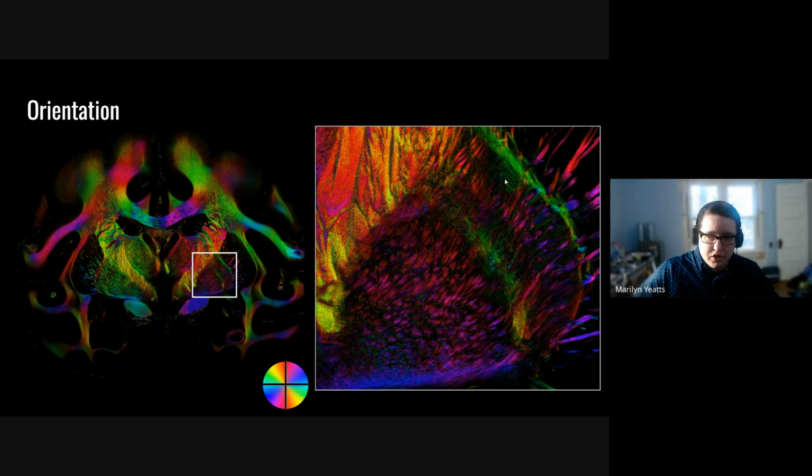The background is darker because it has less birefringent material in it, so it has a weaker signal. And you can see these beautiful different orientations of these structures going through the GPE, GPI, as well as the fibers coming out of GPE, GPI.